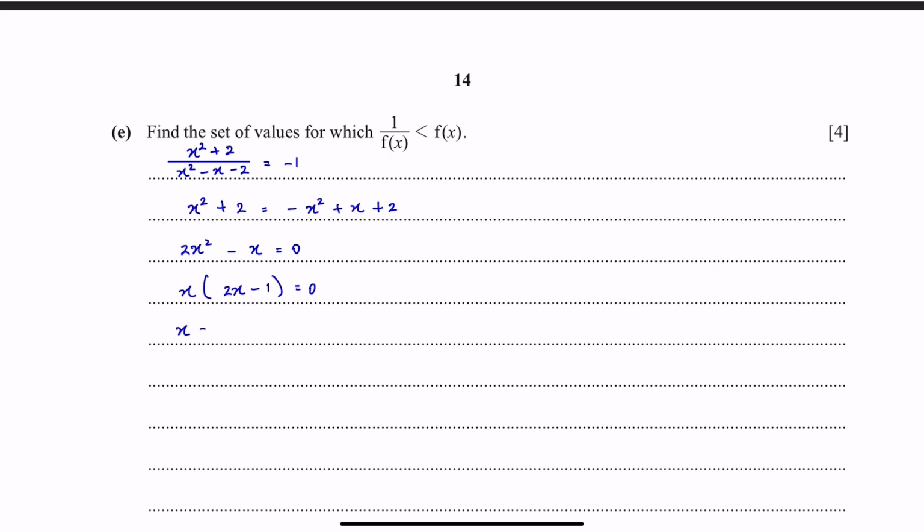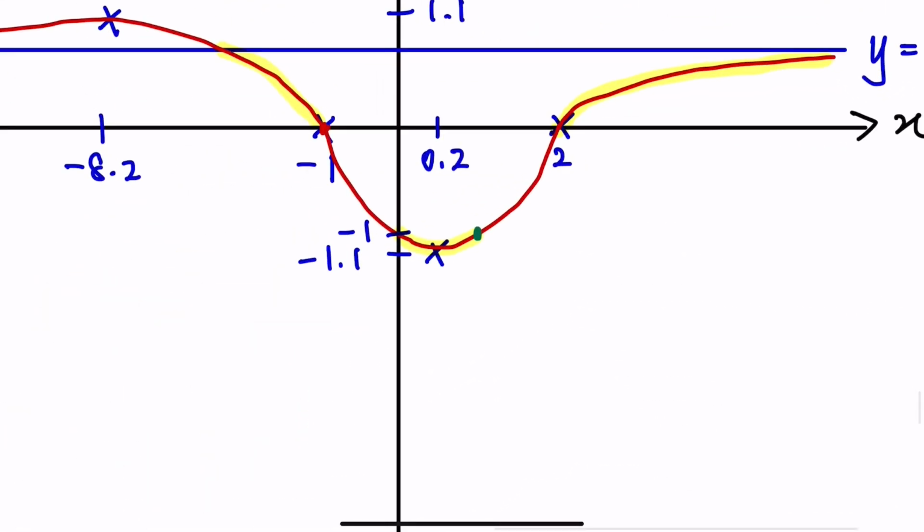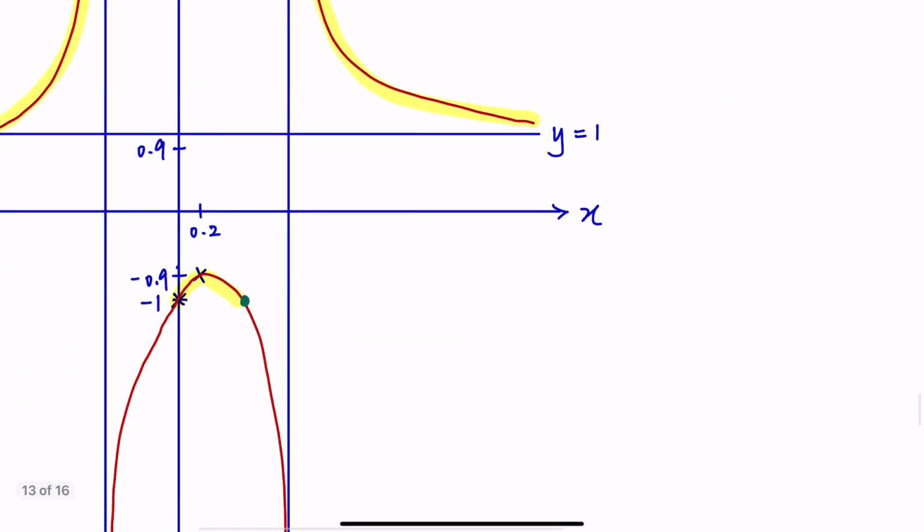So x will be equal to 0, and x will be 1 over 2, and y is negative 1. So we know that the coordinates of this is 1 over 2 and negative 1. This is also 1 over 2 and negative 1.